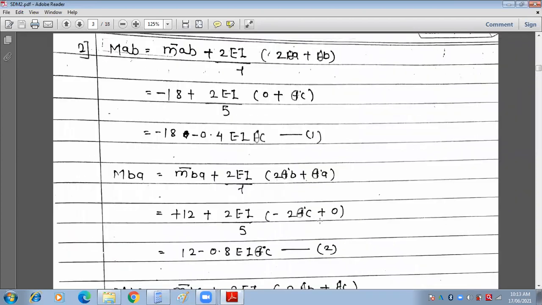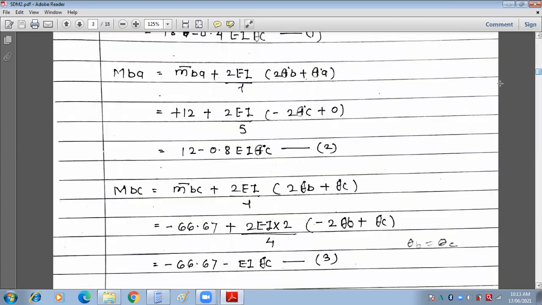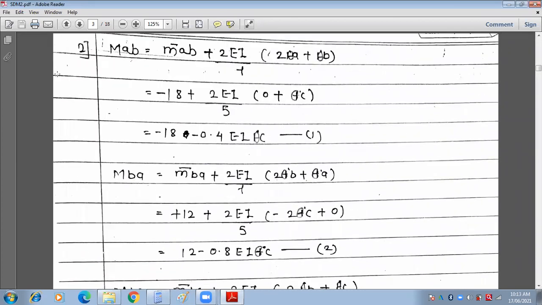Now let us apply the slope deflection equation. Let us consider first span AB. Moment AB is equal to friction moment AB plus twice E upon L into 2 theta A plus theta B, and this is nothing but your general equation. And why is the general equation used?